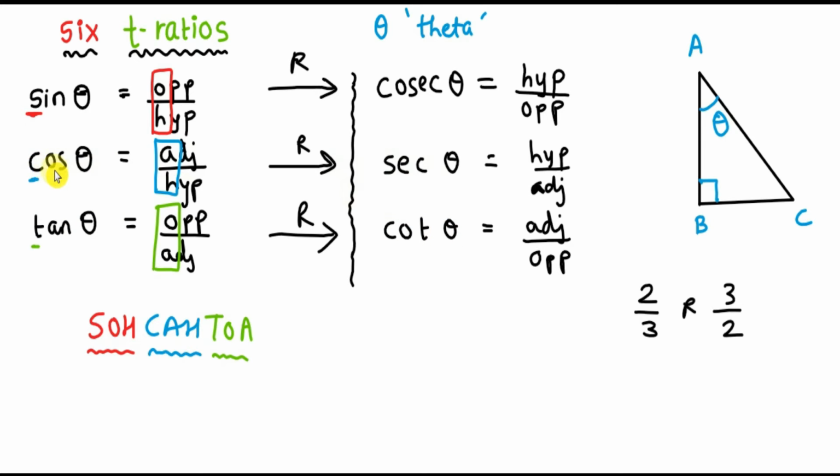Now there are two ratios in which we have S and C, one S and one C. If you see, cos has one C and one S, and sec has one S and one C. So cos and sec are reciprocals. So the remaining two are reciprocals of each other, that is sine and cosec.